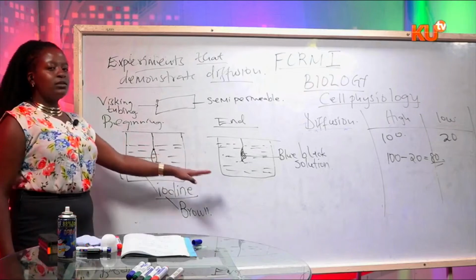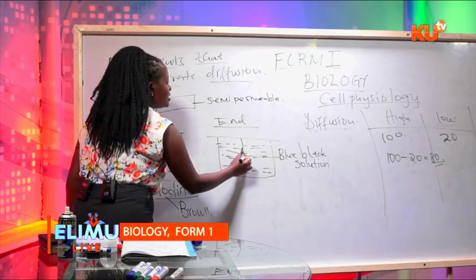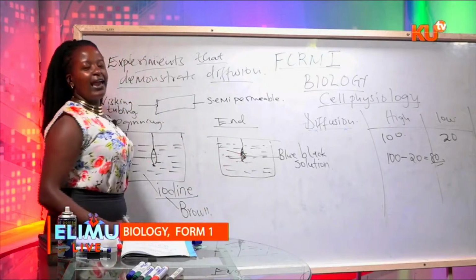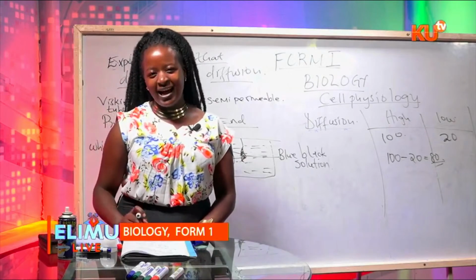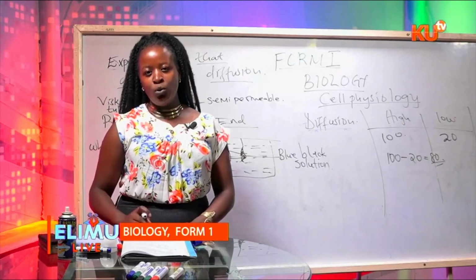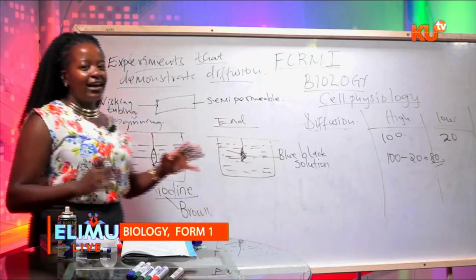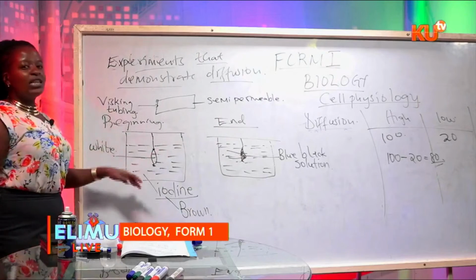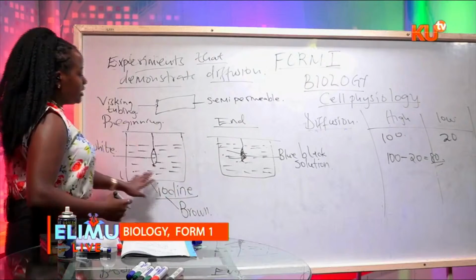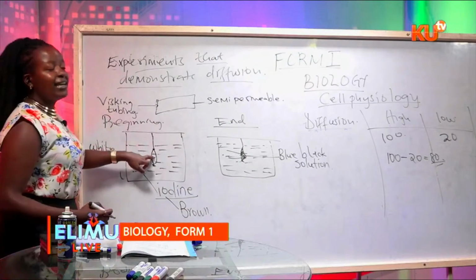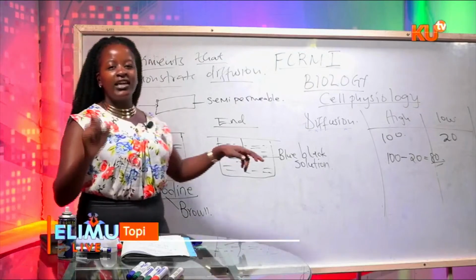So the molecules of iodine will diffuse into the starch solution, and this iodine will react with the starch to form a blue-black solution. The iodine molecules are greater in the beaker, so they will move from their region of high concentration, which is in the beaker, inside the visking tubing where the starch solution is.